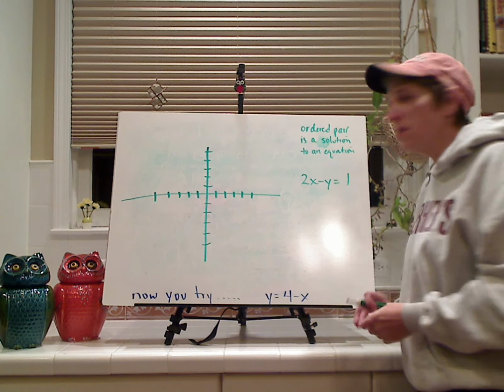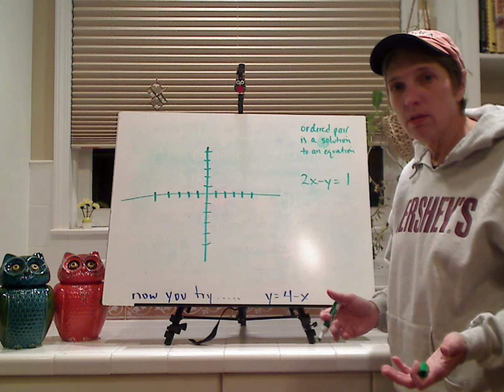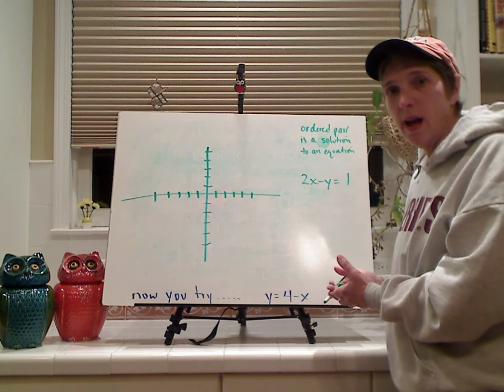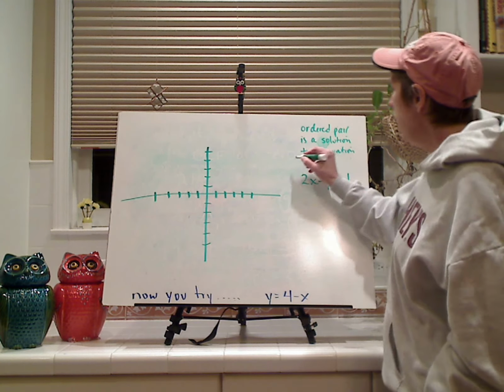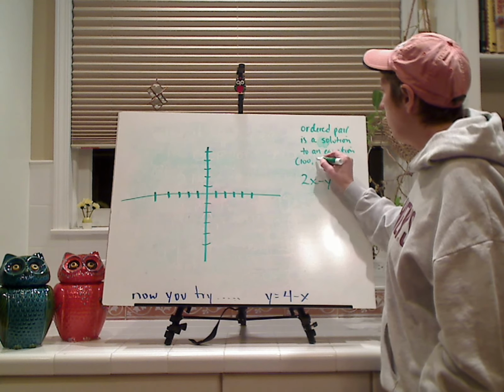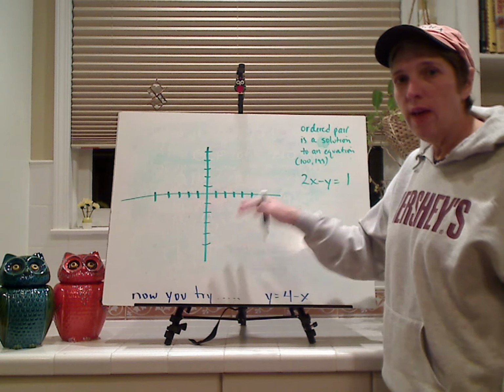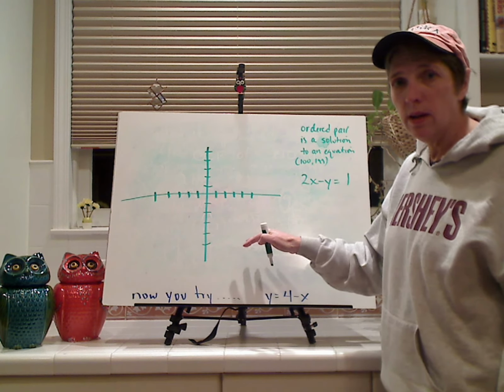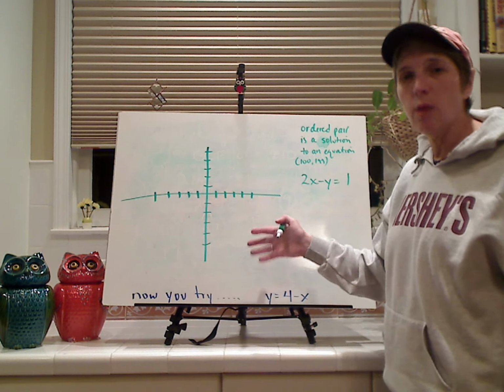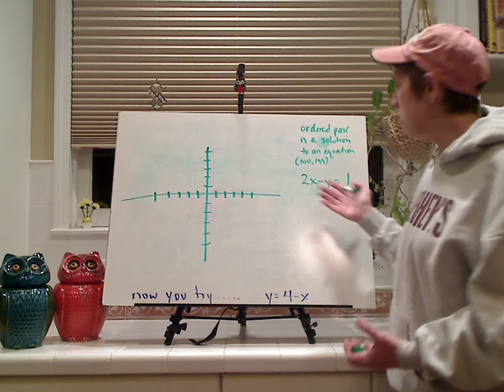So when x is 100, y is 199. That is an ordered pair. And if I had that ability to graph it, that would be on the line that I'm going to show you in a second. That would be one of the solutions to this equation.